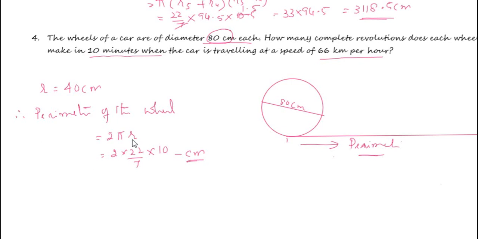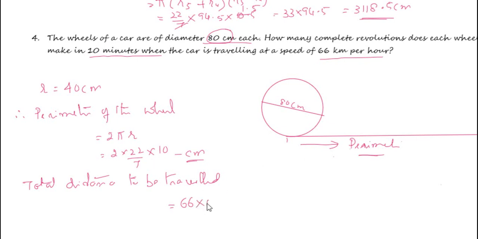Now, what is the total distance to be traveled? That is equal to, what is the speed per hour? That is 66 kilometer. So I want it in centimeter because this is in centimeter.